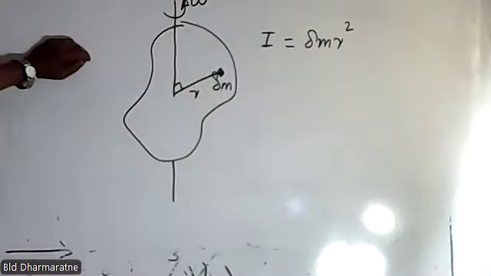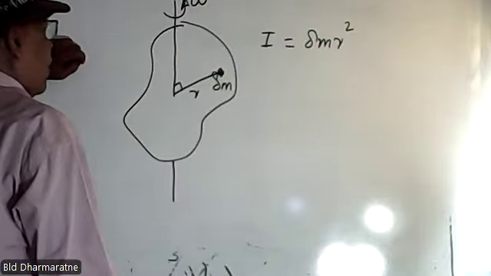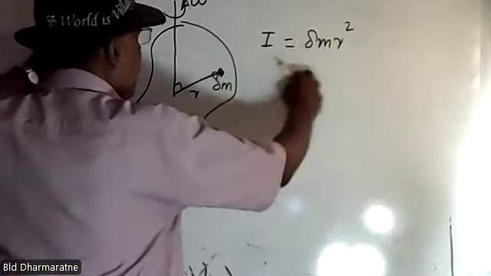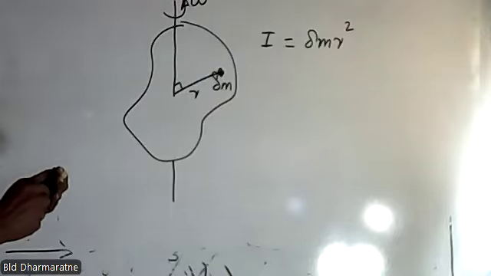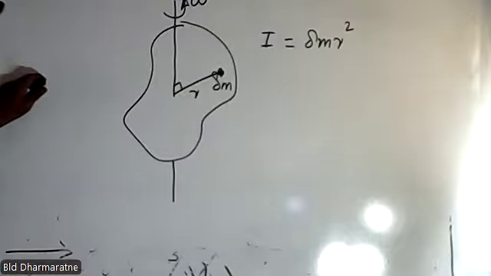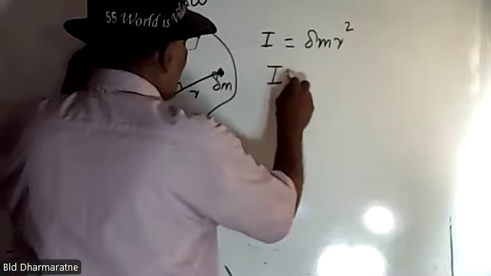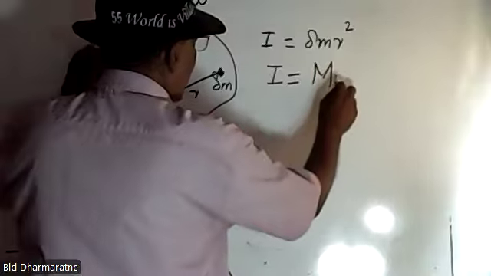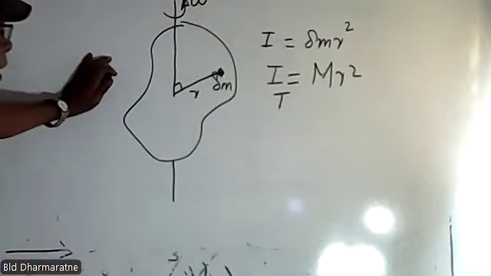Now we take moments again. We know the moment of inertia, I equals M r squared, total mass into this distance squared.